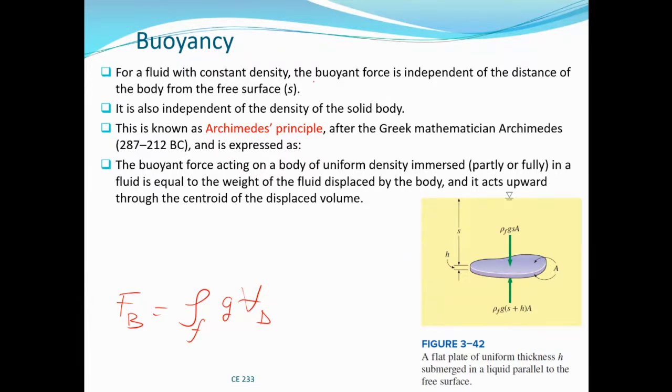The buoyant force is independent of the distance of the body from the free surface. Okay, it doesn't depend on this distance from the free surface. Meaning, once the body is fully immersed in water, then the buoyant force is constant throughout, okay? The buoyant force remains constant throughout.